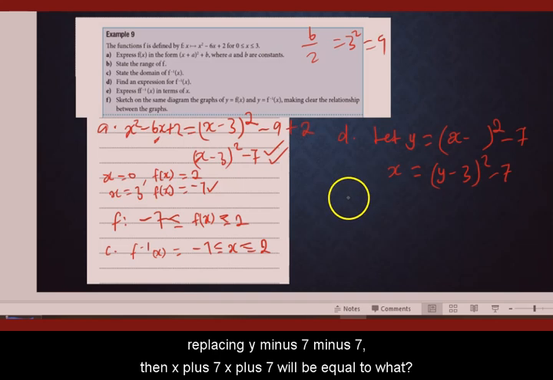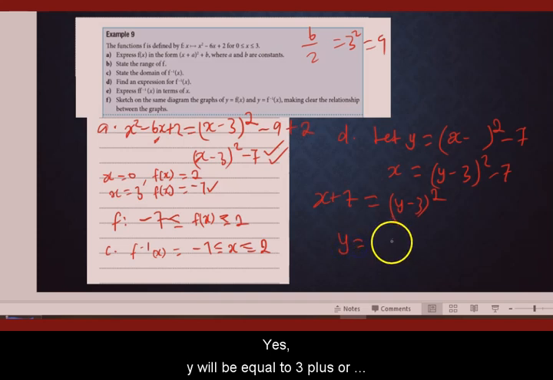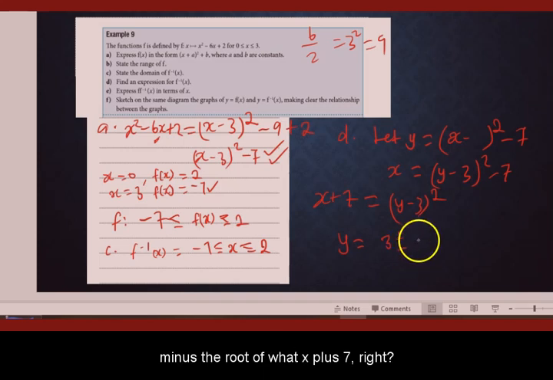Then x plus 7 will be equal to y minus 3 squared. Hence, y will be equal to 3 plus or minus the root of x plus 7.